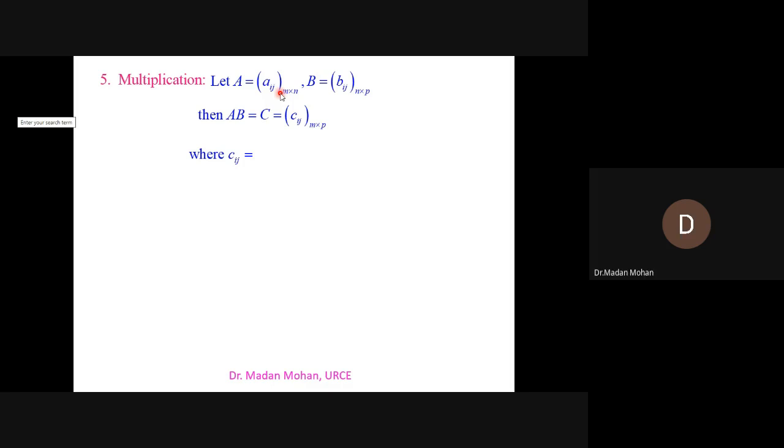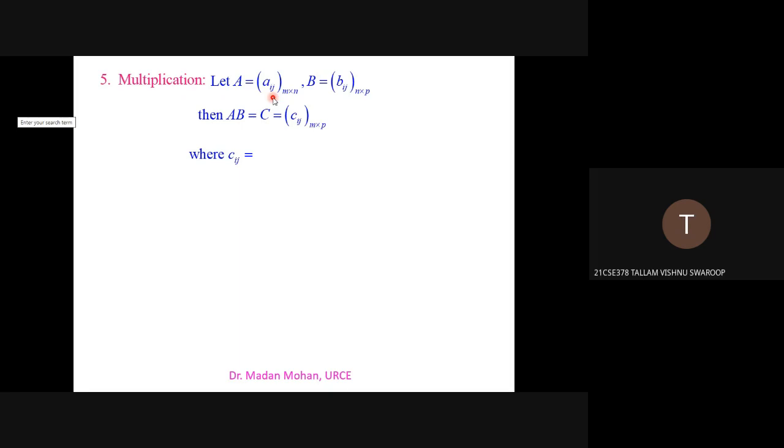Right, very good. Actually, I want to verify whether you are listening or not. That is the first column, not the first row. Now tell me the first row then. What is the first row? A1j.